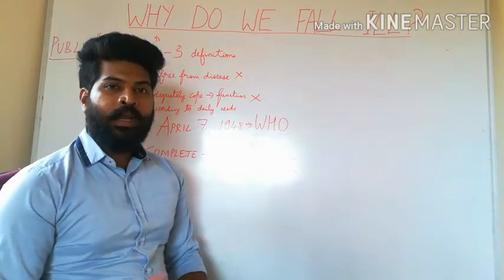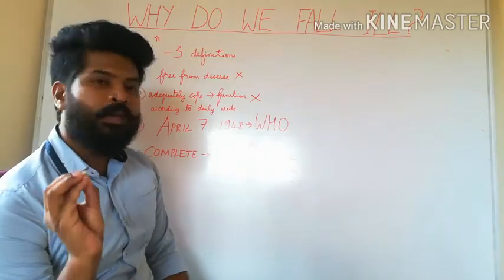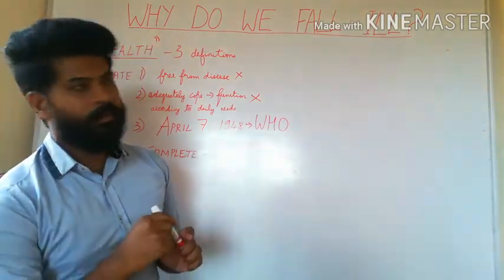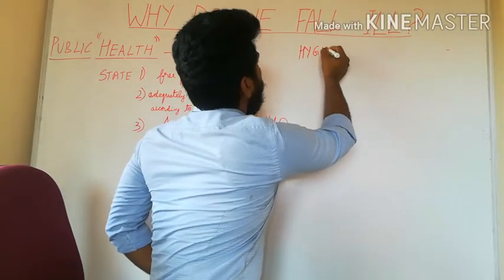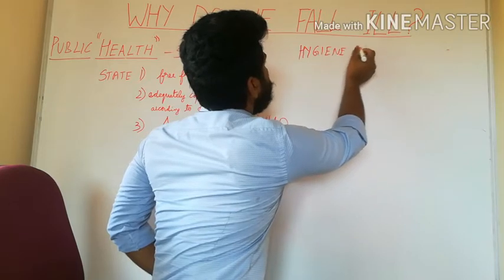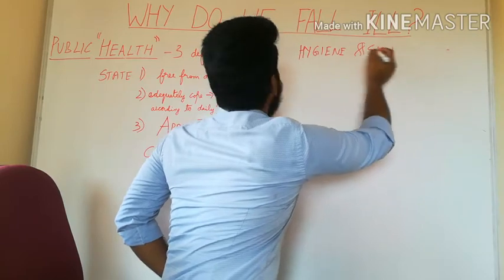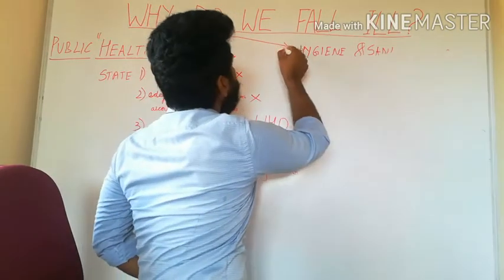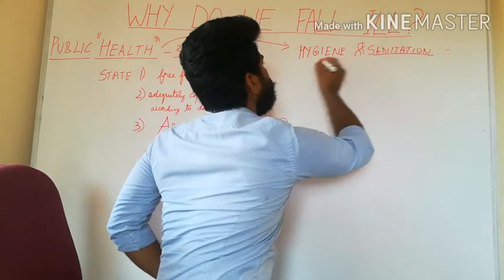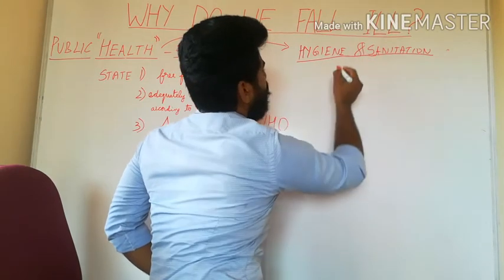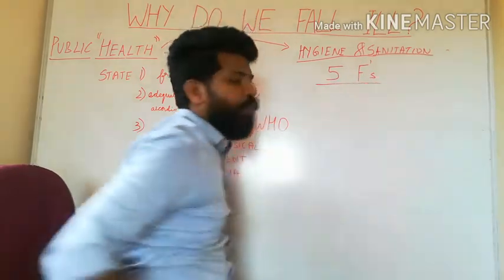Let us look at a few important factors that play a crucial role in determining public health. In order to maintain hygiene and sanitation, which are of paramount importance in maintaining public health, there are 5 F's, 5 factors.